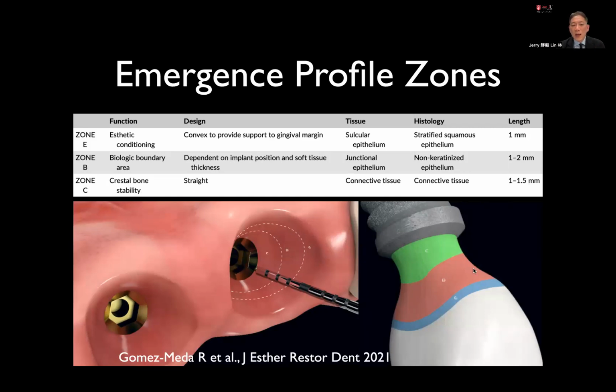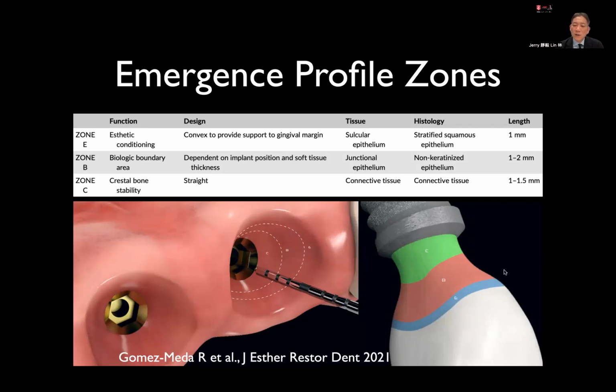And of course, there is a certain dimension for the soft tissue to occupy this area, either connective tissue or junctional epithelium, and this is the biological boundary area.